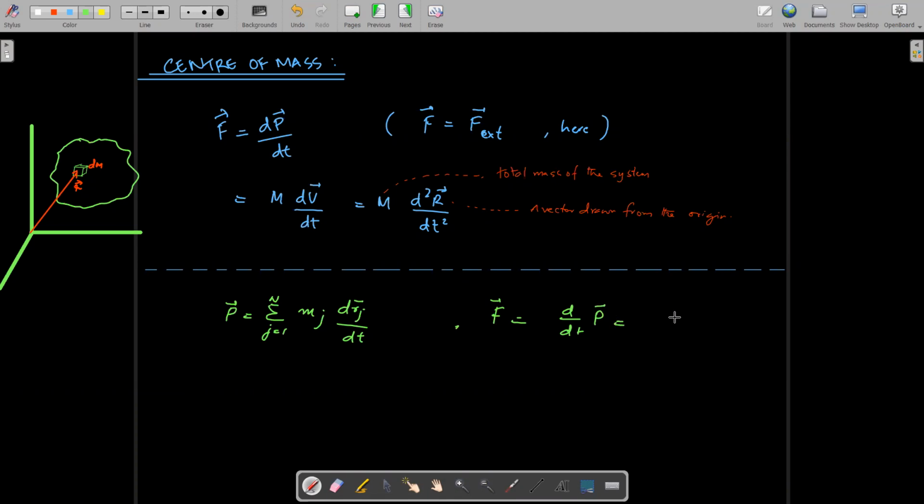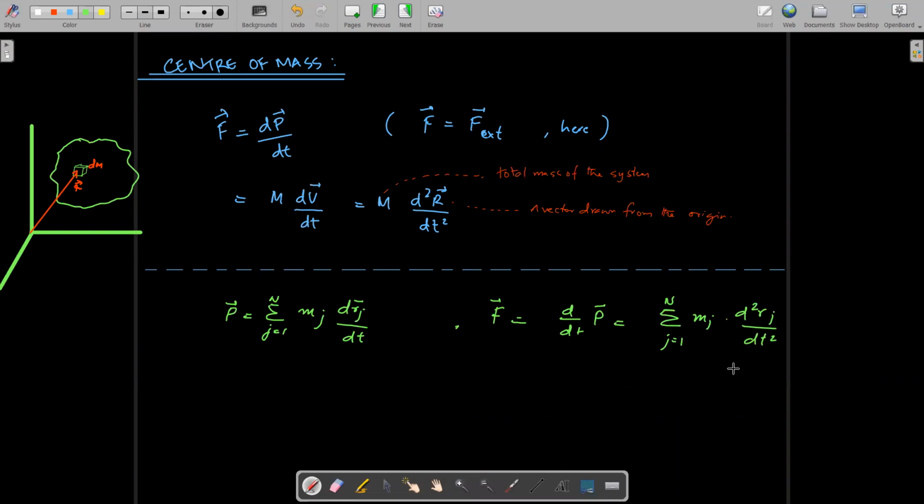That will be equal to, if we keep m to be a constant, then with respect to time, mj d square rj by dt square, അങ്ങനെ എഴുതിക്കൂടെ?